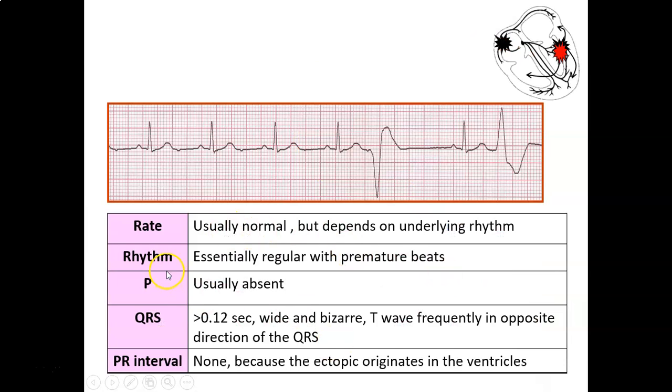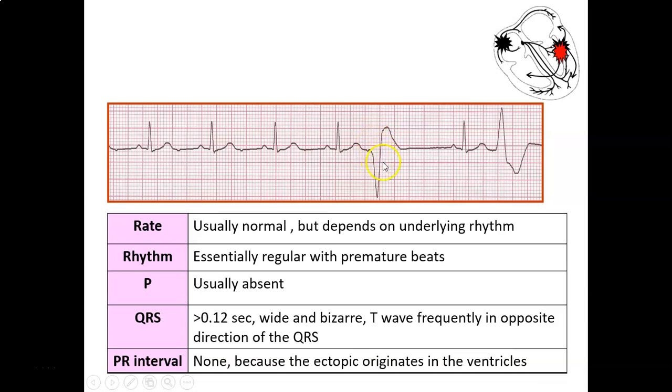Let's review this rhythm strip. The rate here looks normal. Rhythm is irregular in between. P waves in the initial 4 complexes are normal with normal QRS complexes, but in the 5th cycle and 7th cycle they are different complexes, no P wave and very bizarre and wide QRS complexes.